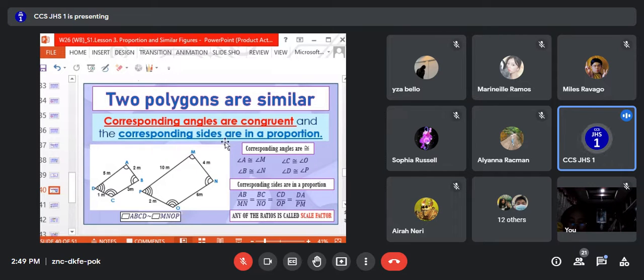Take note of the corresponding angles. These are the congruent angles between the two polygons. The corresponding sides must be in proportion, and the ratio obtained for all sides should be constant, all equal, and that is called the scale factor, or the similarity factor, of the two similar polygons. Okay, so let's have an example or more practice.